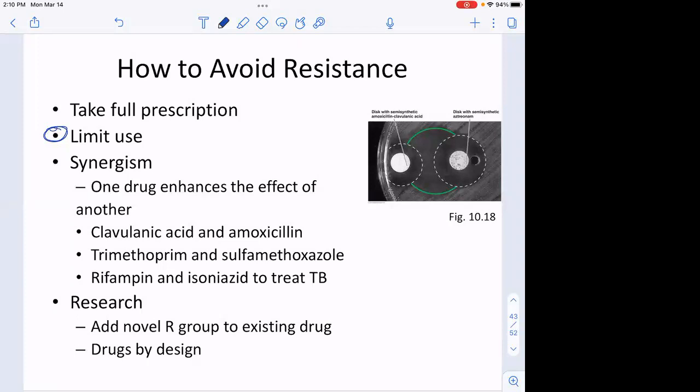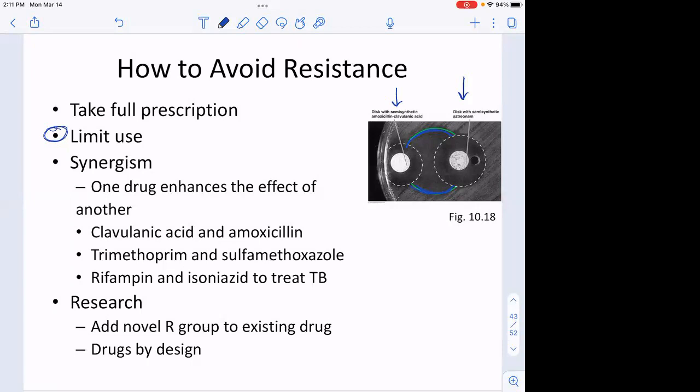We have found that taking two drugs together is often helpful to make sure we totally get rid of it. For example, we call this synergism. So when one drug enhances the effect of the other, you can see here's two antibiotic discs, and you can see the zone here where they are interacting together, even more bacteria are inhibited.